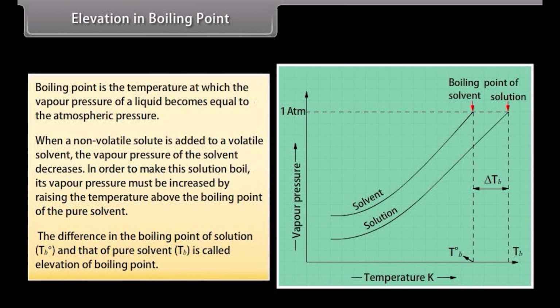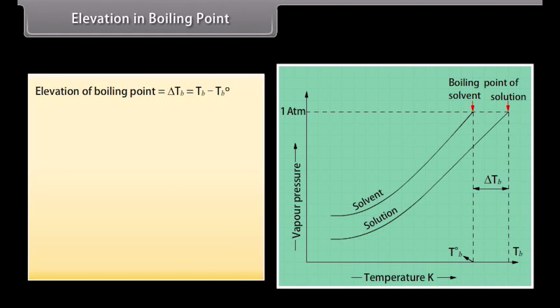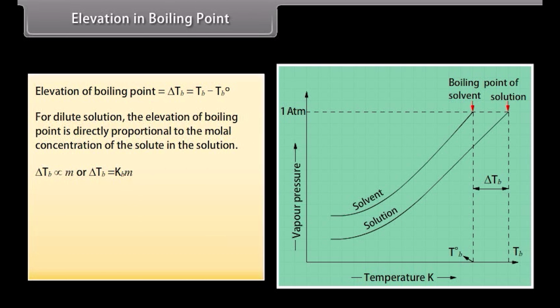The difference in the boiling point of solution and that of pure solvent is called elevation of boiling point. Elevation of boiling point is denoted by delta Tb, which is equal to Tb minus Tb naught. For dilute solution, the elevation of boiling point is directly proportional to the molar concentration of the solute in the solution.